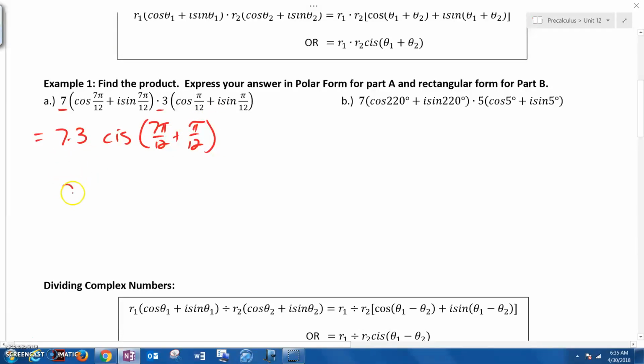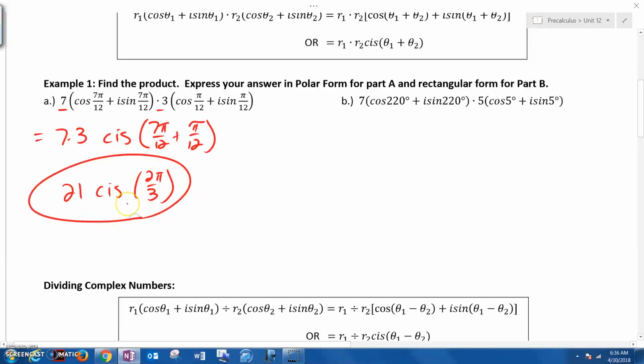I get 21 cis 8 pi over 12, you could take a 4 out, 2 pi over 3. And that's it in polar form. Remember that's the shorthand for cosine of 2 pi over 3 plus i sine.